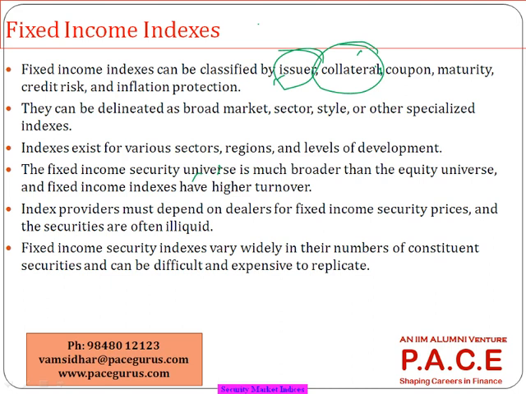Or probably credit ratings, investment grade bond index, speculation grade bond index, AAA rated bond index, B rated bond index. So I can have different kinds of indexes associated with the fixed income securities.